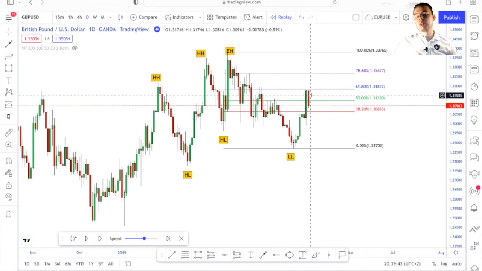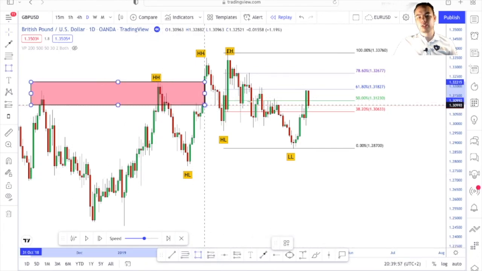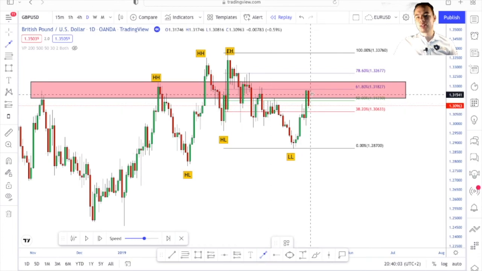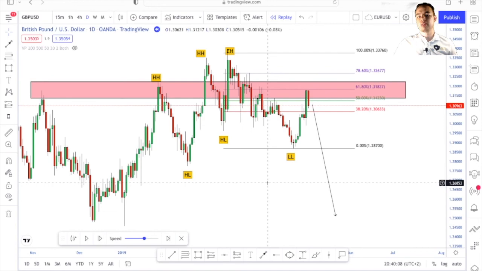Made an inside bar. This candle's within the previous candle. Rejected this 61.8%. And if you look left, there's sort of a resistance here. Like that. So I would sell over there to go down.